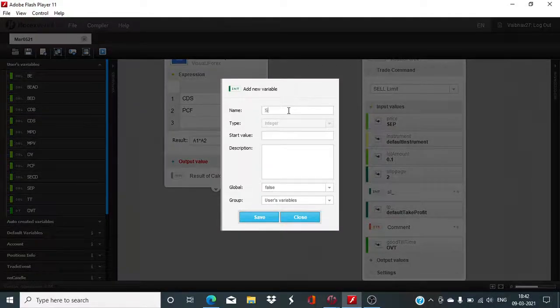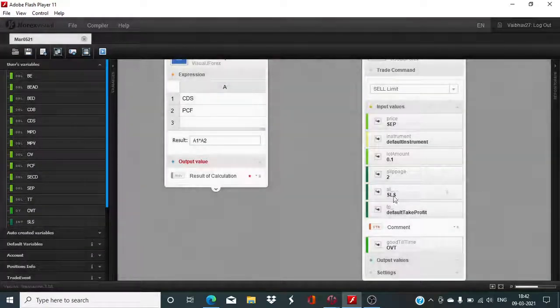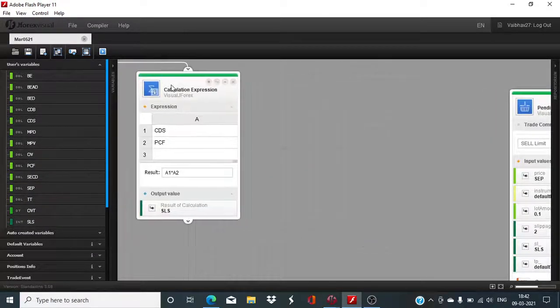We will name it LS, and its value will be the output of this calculation.